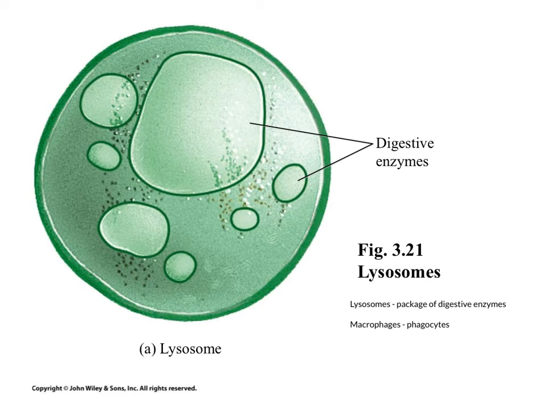They can eat things like bacteria, they can eat things like cellular debris, and as they take these in, they fuse that with the lysosome in order to break it up further. So there are a lot of lysosomes in these specific types of cells, and when we get to the immunology chapter in ANP2, we'll be talking a lot more about these and how they work in these specific types of cells.